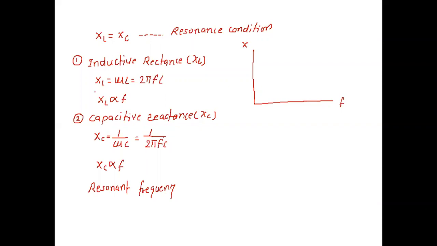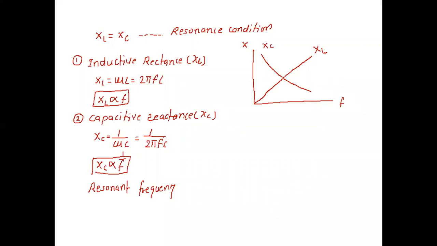As we know, XL is directly proportional to the frequency, so its graph is like this. This is the XL, which is a straight line because it is directly proportional. And when I want to draw the graph for XC, oh sorry, I made a mistake here. It's a reciprocal, 1 upon frequency, so the graph for XC should be like this. So this is XC here.